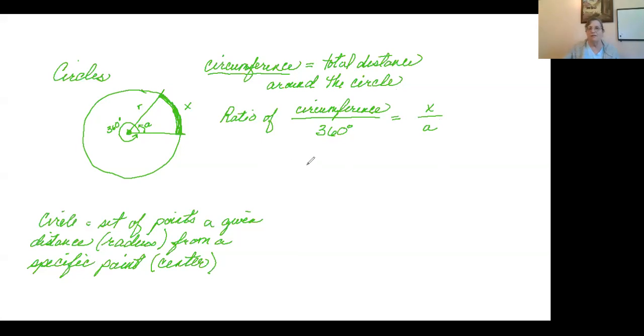For instance, let's say we have a circle whose circumference is, I don't know, 12 feet.